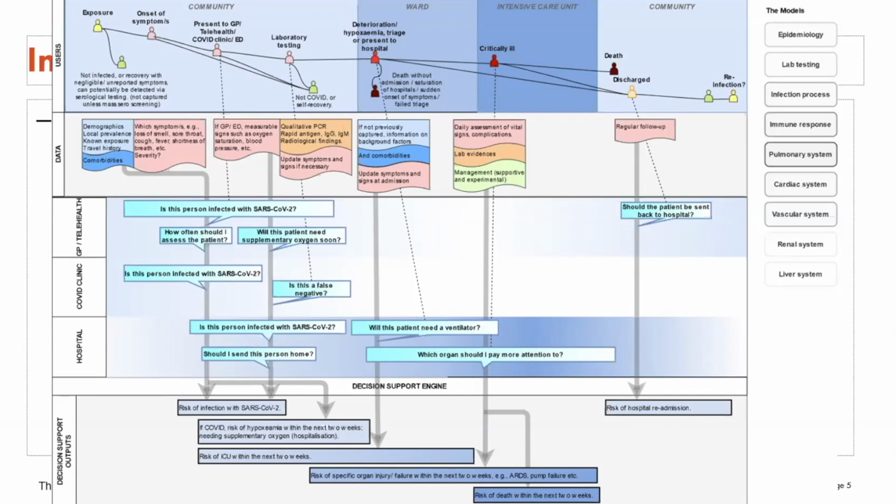And again, when they're in intensive care, a whole range of questions about the optimal management of those patients, not just about where they should be managed, but the treatments that should be administered at the different time points of their care.